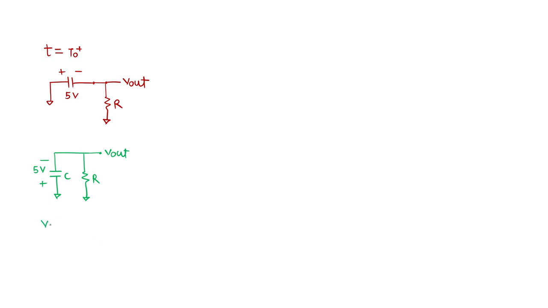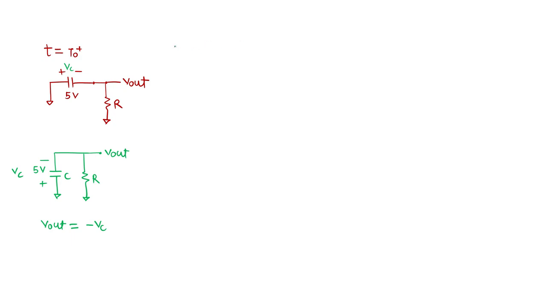From here we can see V out is equal to minus VC, because we are considering this direction for the VC plus there. So this was my VC, plus minus. Now the input side is shorted because excitation is not present, so the output voltage is exactly minus VC.